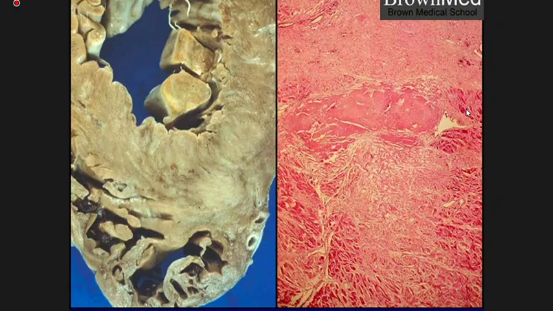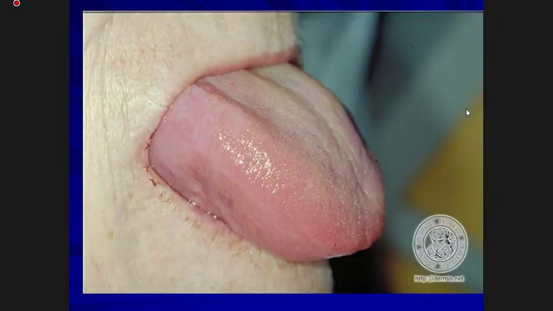If you focus in the middle where there is an amorphous pinkish area, that's where the amyloid protein is deposited in between the cardiac muscles.